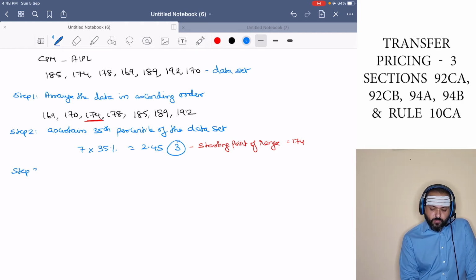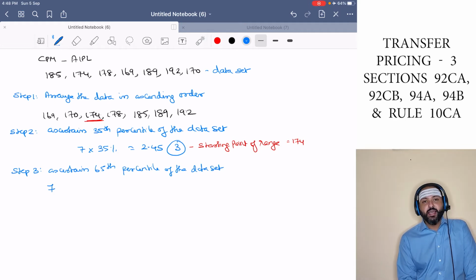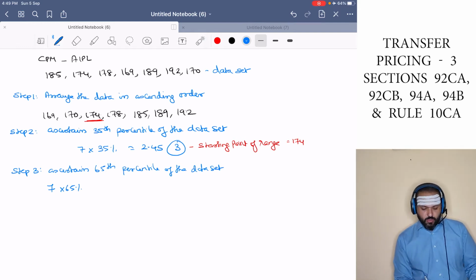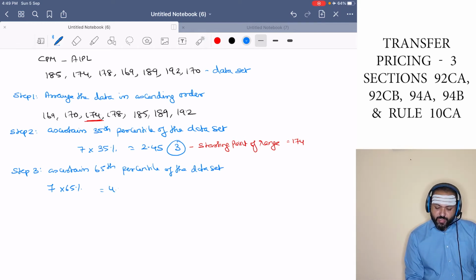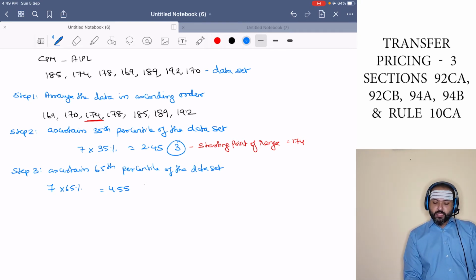Step 3. Ascertain the 65th percentile of the data set. So how many prices are there as part of the data set? 7. And then we have to find out the 65th percentile. So quickly computing that, that is 4.55. Is this a whole number? No. So what should we do? We will take the next number. So the 5th number, which is what?